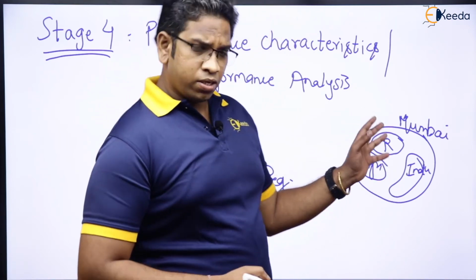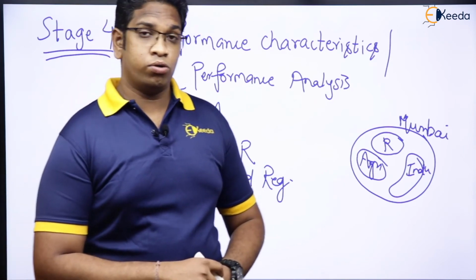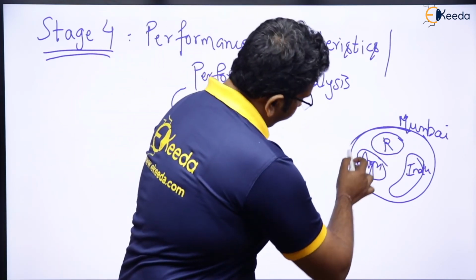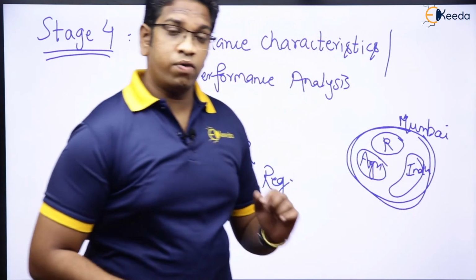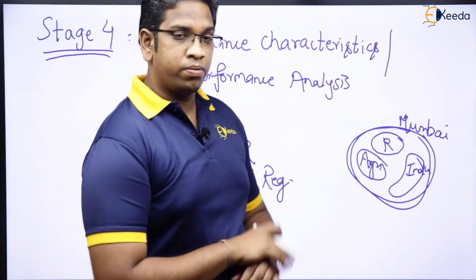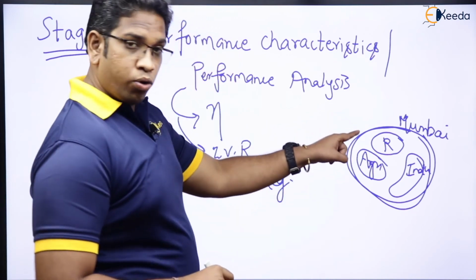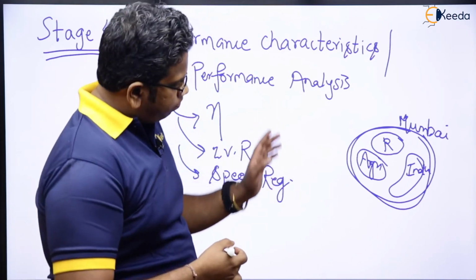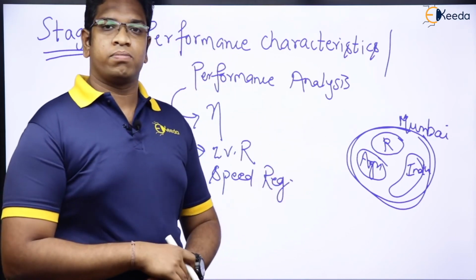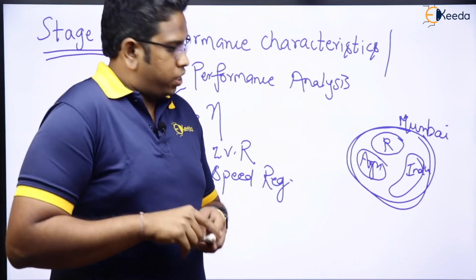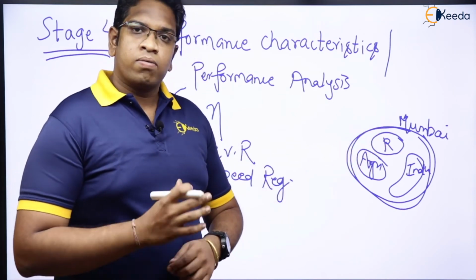Now, is this load fixed? No, load is variable, but you know the capacity of this whole area. You know what will be the maximum demand of this whole region, which means when you know what load you need, you will have to design the machine such that it will be able to meet the requirements of the load. Whatever machine you design should be able to meet the requirements of the complete area.